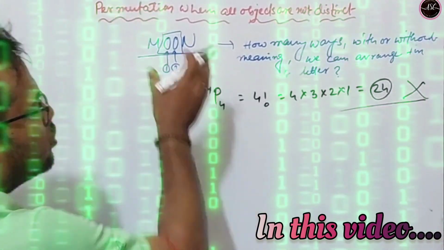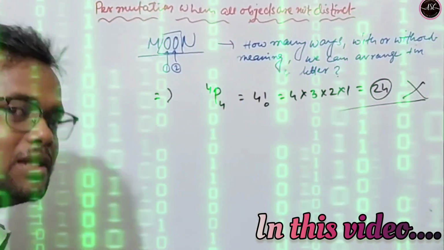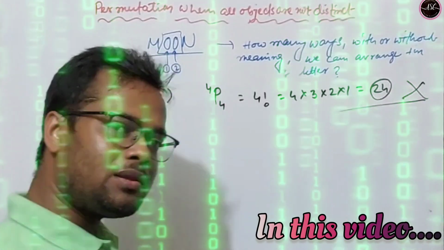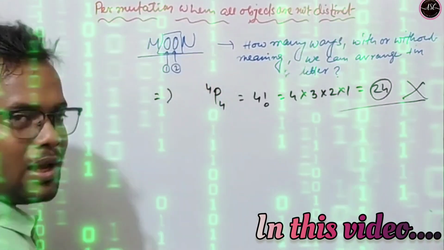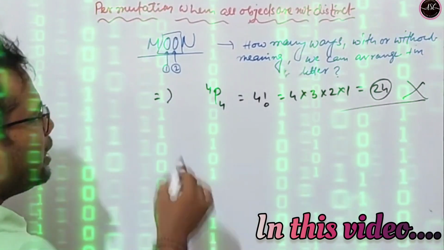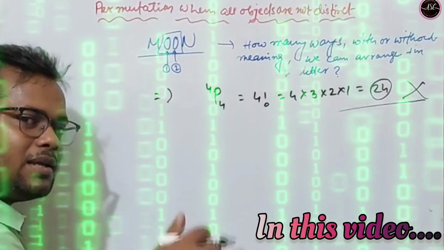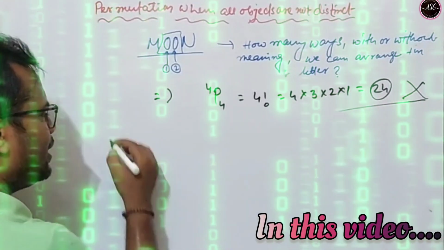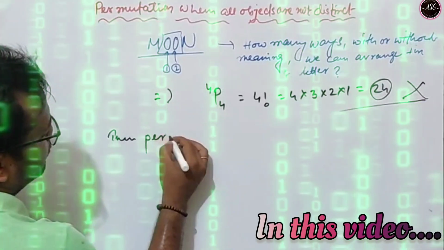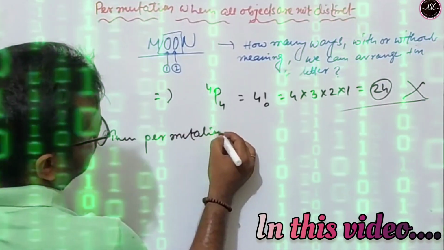So to solve this type of problem, there is another theorem. Here all the letters are not distinct. There are duplicates of the letters. So if a duplicate letter arises, then what is the permutation number?